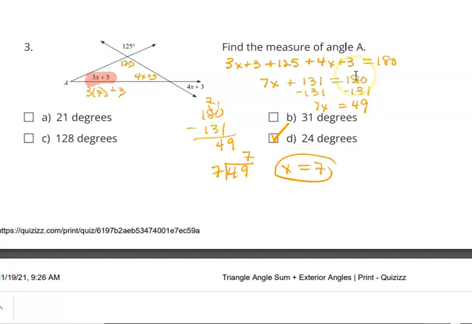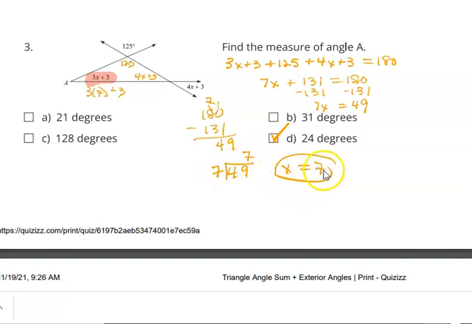That's going to equal 180. Subtract 131 from 180. I did that down here for you. And I'm going to get 49 for an answer. 7x equals 49. Divide 7 into 49, and that's a multiplication fact.